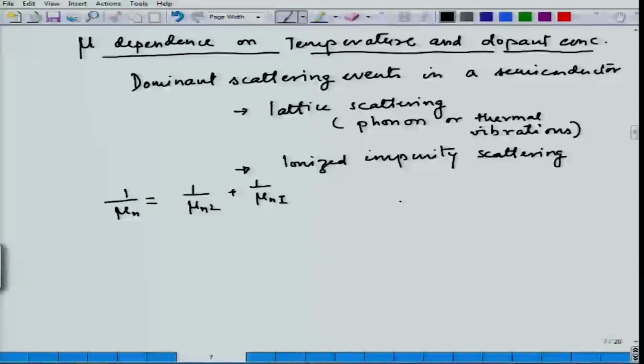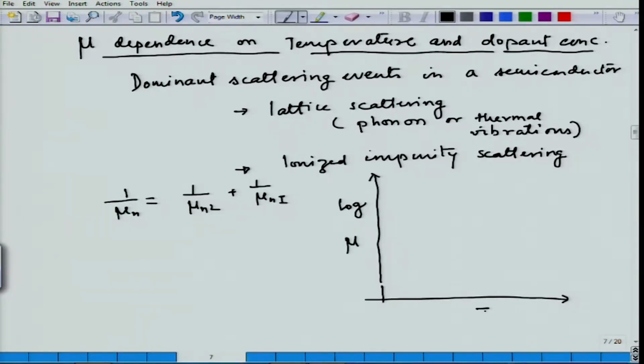So, I can look at the temperature dependence of these two mechanisms, and I am going to plot the mobility on a log scale on the y axis and temperature on the x axis. This is a schematic.